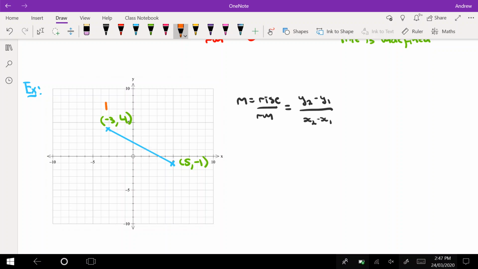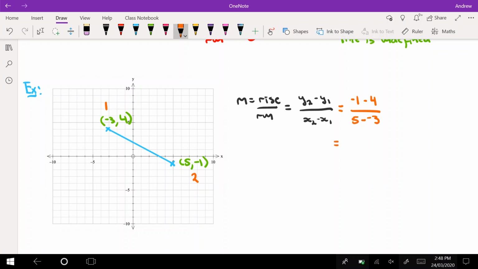The point that's most on your right should be your point 2. So that is clearly point 1, that is clearly point 2. The y value at point 2 is negative 1. Then we take away the y value at point 1, which is 4. And then the x value at point 2 is 5. Take away the x value at point 1, which is negative 3.